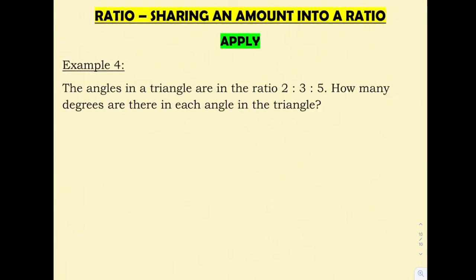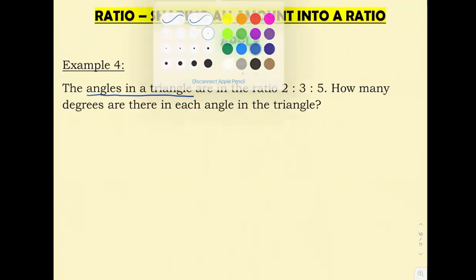So here we've got the angles in a triangle are in a ratio of 2 to 3 to 5. How many degrees are there in each angle in the triangle? So we've got the ratio 2, 3 to 5, but what we haven't got are any other numbers to work with. And the clue is the angles in the triangle.